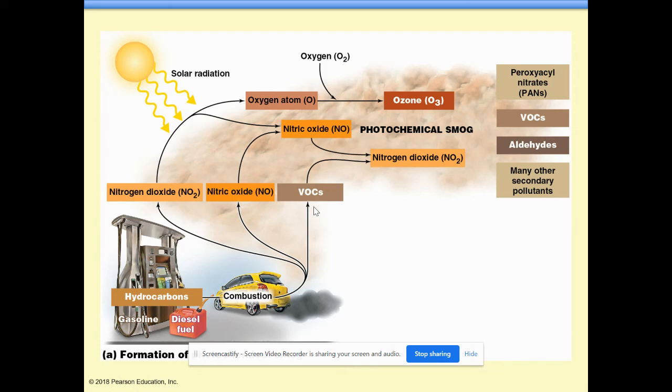We're doing our best, right? This is why we have to inspect our cars, make sure that it's working properly. But over time, just a little bit from each car can produce, in really high traffic times, a lot of these, and that can combine with oxygen in the air and nitric oxide and react with the sun to make ozone, O3. Nitrogen dioxide can get in there and really cause it to look like a brown or a reddish color as well.